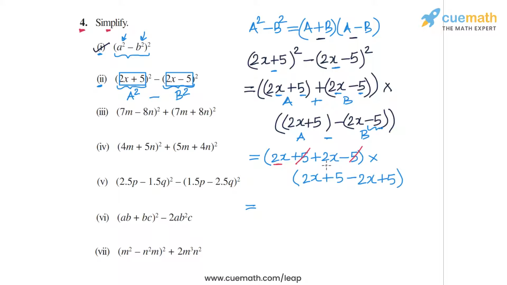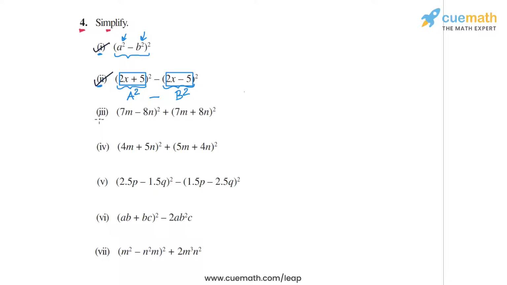So we have 2x + 2x, so that's 4x from the first bracket. And from the second bracket, we have 2x and −2x cancelling out. So we have 5 and 5, which is 10. So we get 4x into 10, and this is simply equal to 40x. So 40x is the simplified form of the expression in part 2. So this completes part 2.